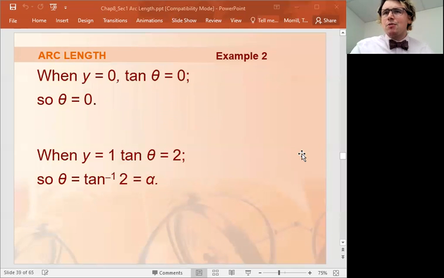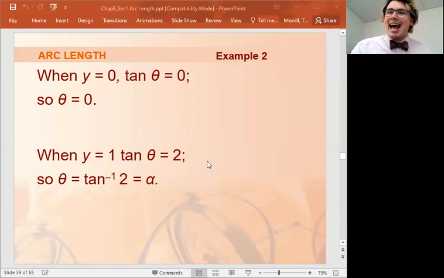What does my integral look like? Well, I got to change my bounds. If y equals 0, then the tangent of theta has to be 0, and theta equals 0 gets me there. That's looking good. For my upper bound, if y equals 1, then tangent of theta has to be equal to 2, right?